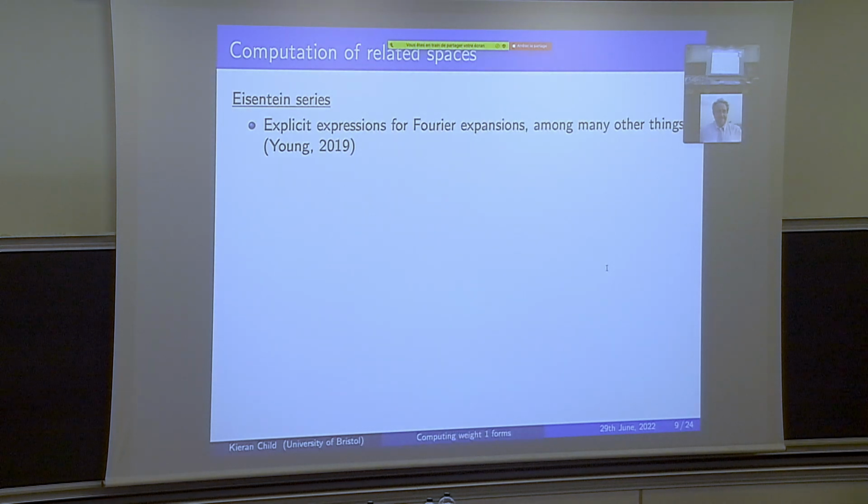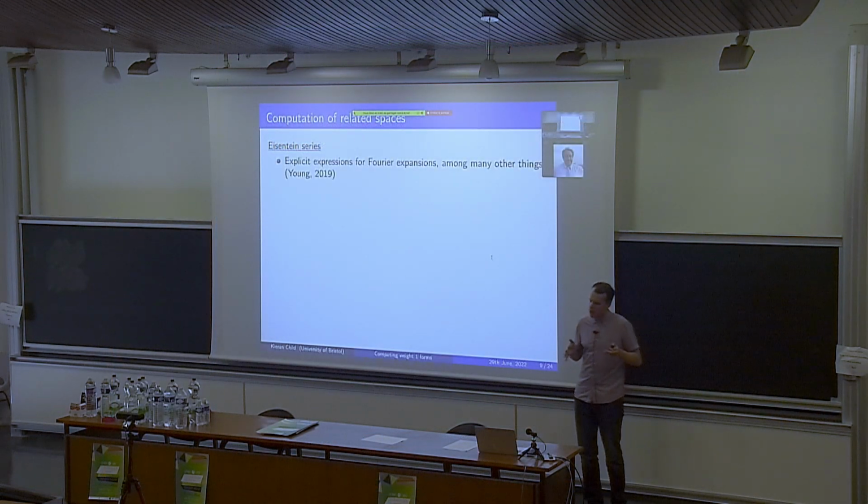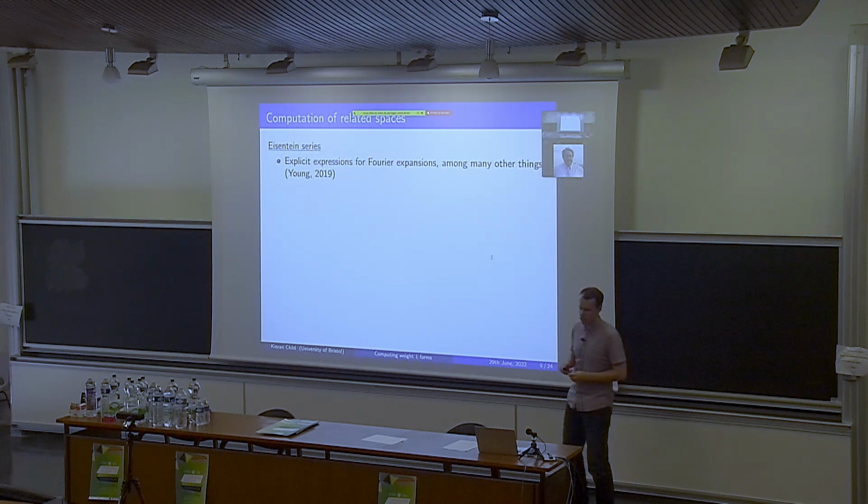Before I talk about the space that we're really interested in computing, let's talk about some slightly related ones that will really help. Firstly, Young didn't discover Eisenstein series in 2019.